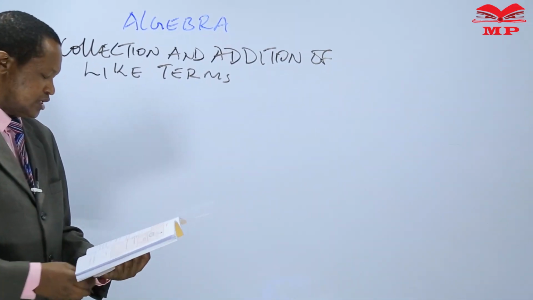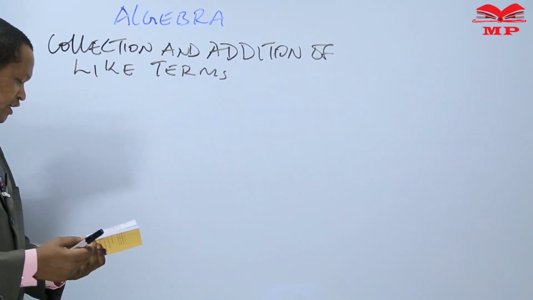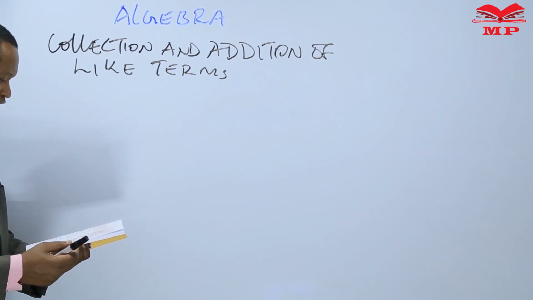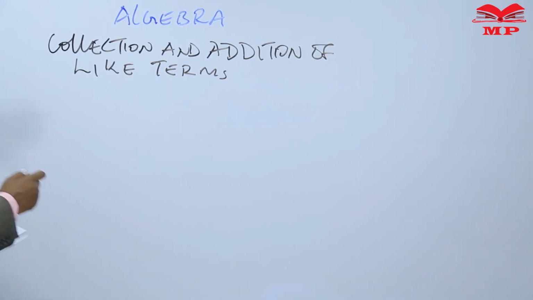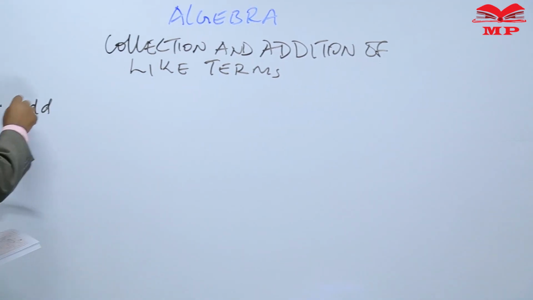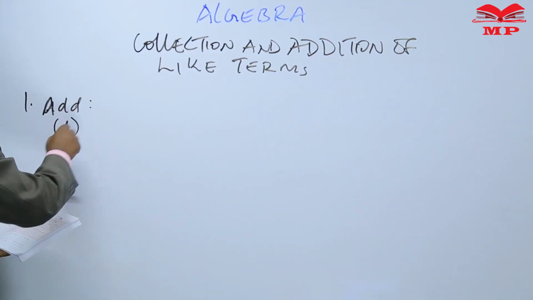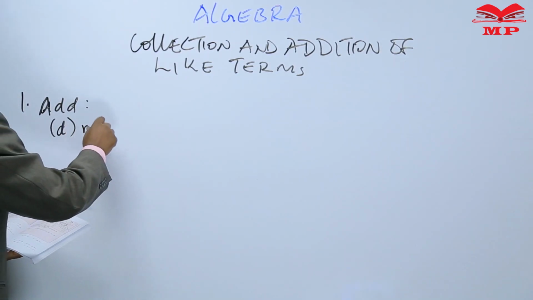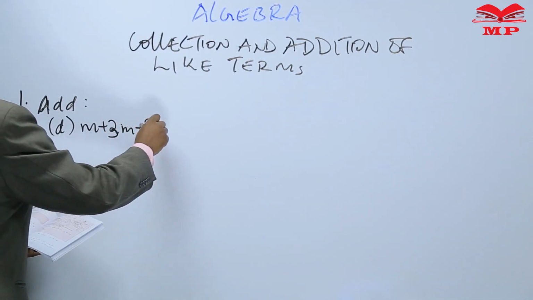I gave you an assignment on page 94, question 1 A, D, E, and F. Question 1 reads: add. D is M plus 3M plus 2M.